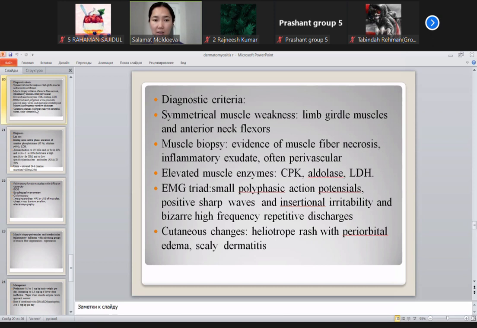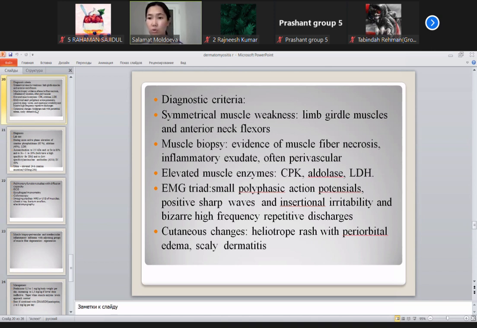EMG triad: small polyphasic action potentials, positive sharp waves, and high frequency repetitive discharge. And this EMG also might be normal if it is atypical.